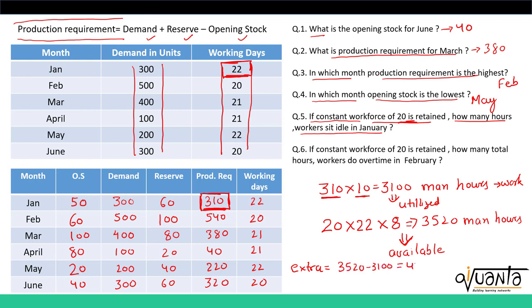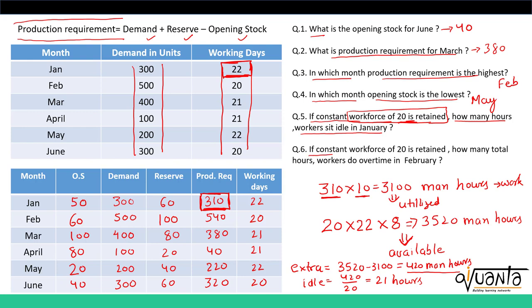That means 420 man hours are extra. So 420 man hours are extra, and a workforce of 20 laborers was given to us. That means the idle time would be total work upon laborers that were employed. So it will be 21 hours. That means for 21 hours the workers sit idle in January.